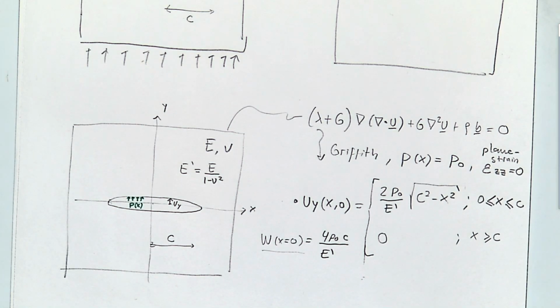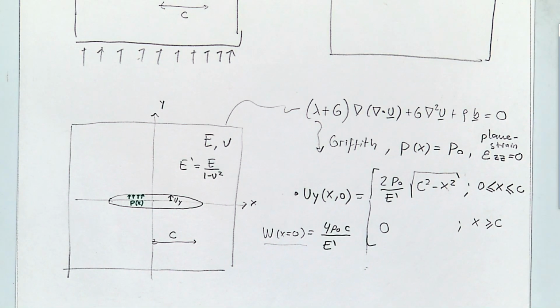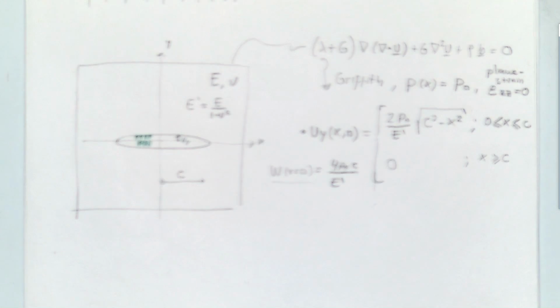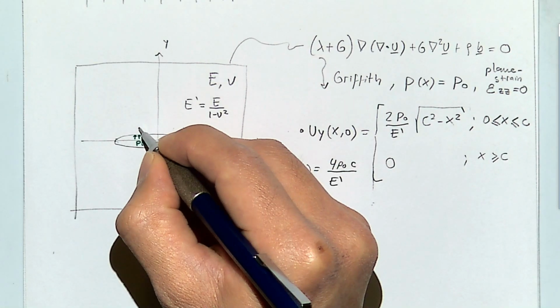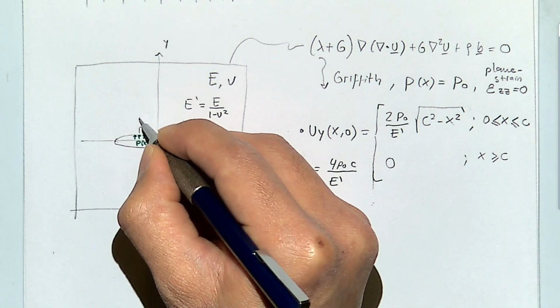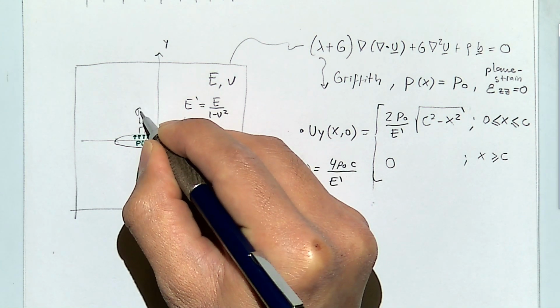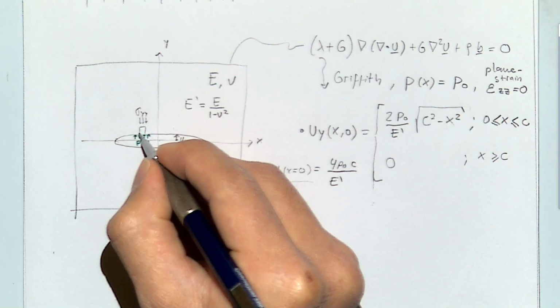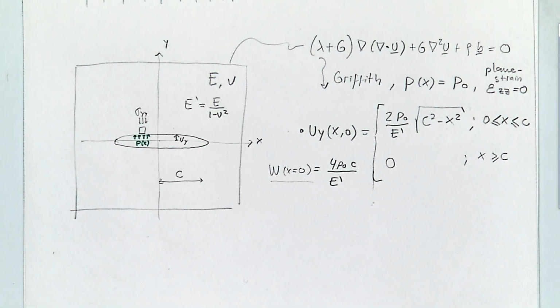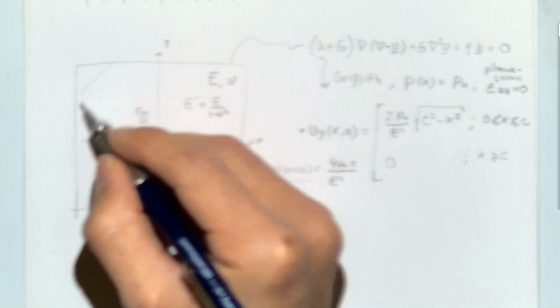All right, so we have displacements. Now, what about stress? We're looking for what is going to be sigma yy in the fracture. And I hope that you agree with me that, remember, this is a solid medium.